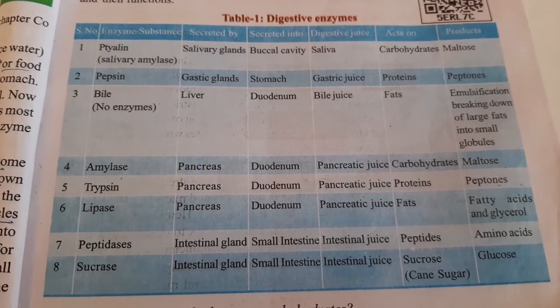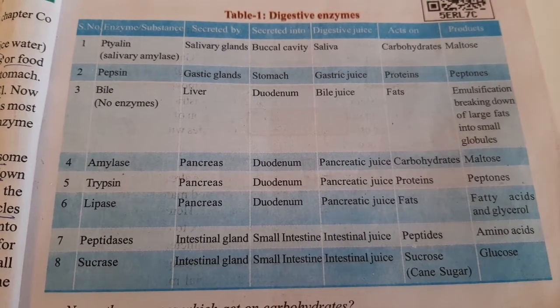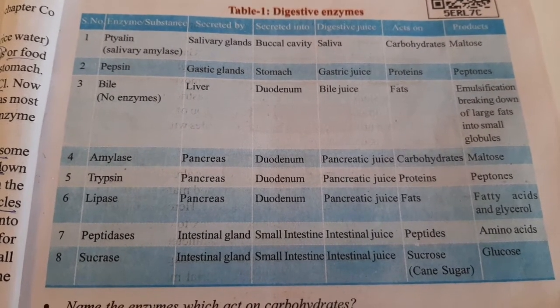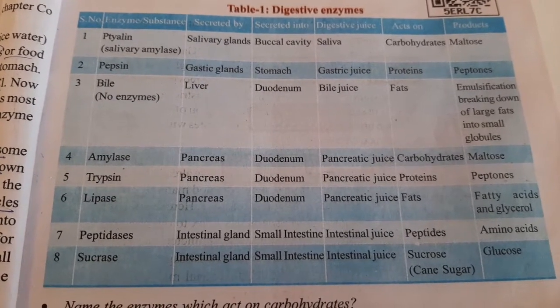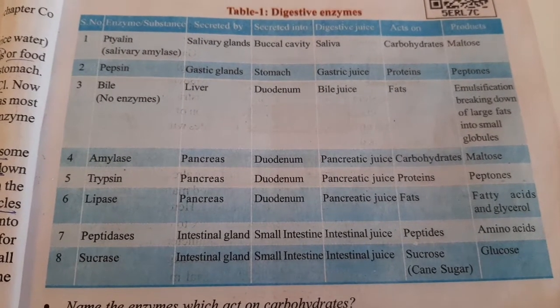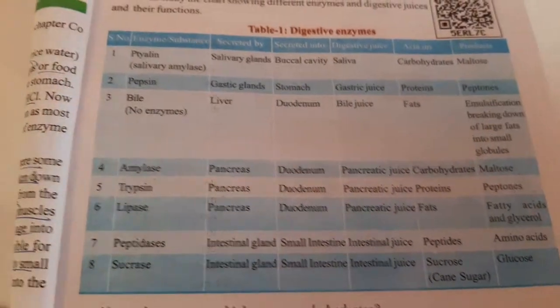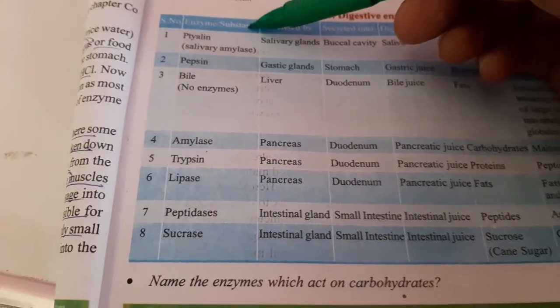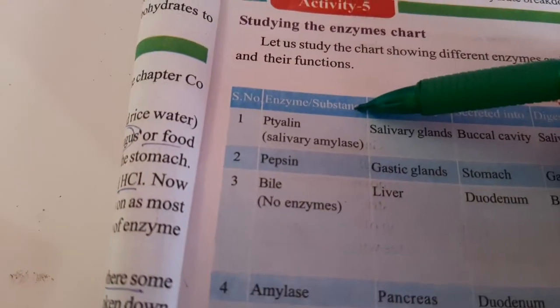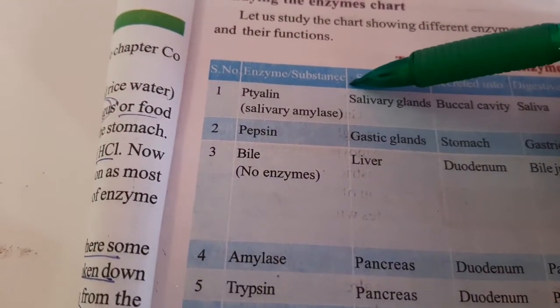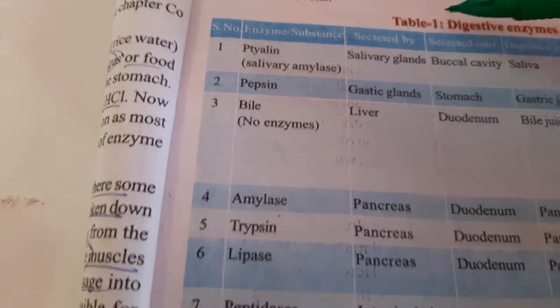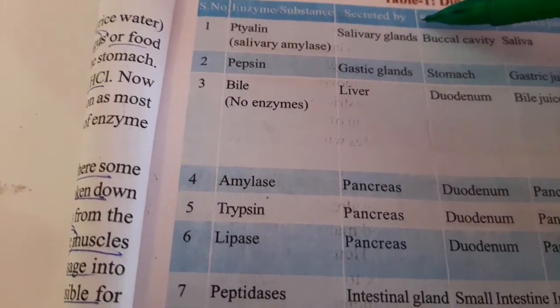This is a digestive enzymes. So this table shows digestive enzymes, digestive glands and enzymes. Okay. So observe this first column, name of the enzyme or substance, and second, secreted by.